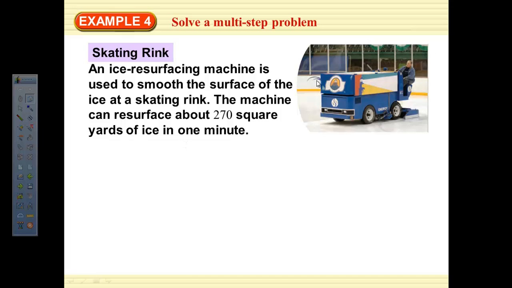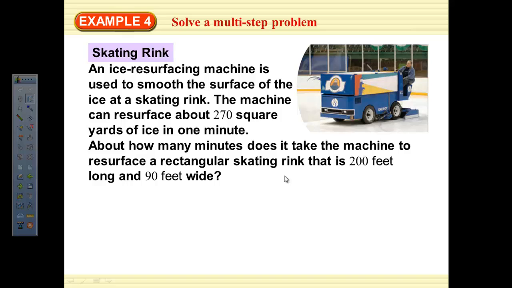We have an ice resurfacing machine. I think it's called a Zamboni, and it can resurface 270 square yards of ice in 1 minute. We have an ice rink which has dimensions of 200 feet for the length and 90 feet for the width.